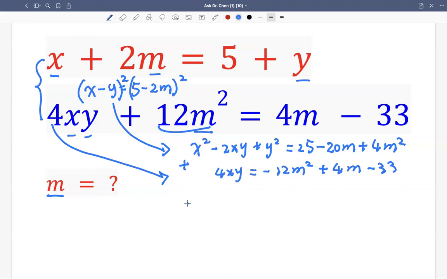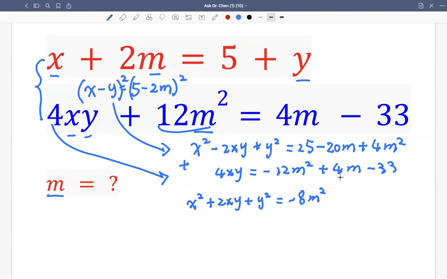Adding those two equations, the left-hand side we have x squared plus 2xy plus y squared. And the right-hand side we have positive 4m squared plus negative 12m squared, that's negative 8m squared.